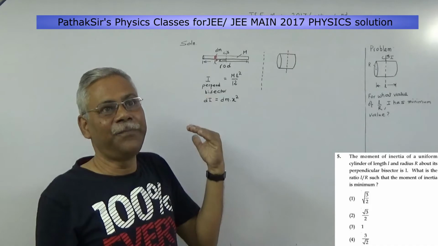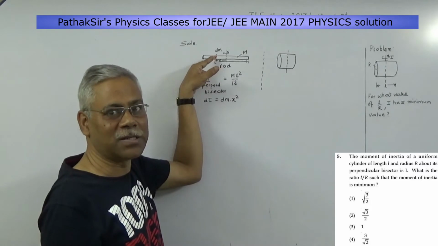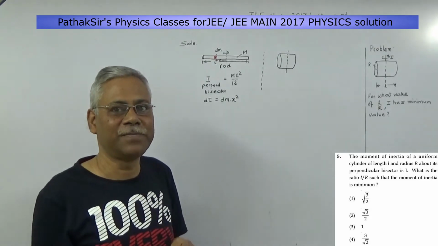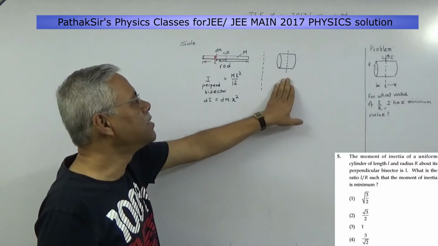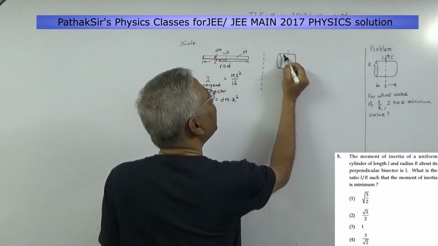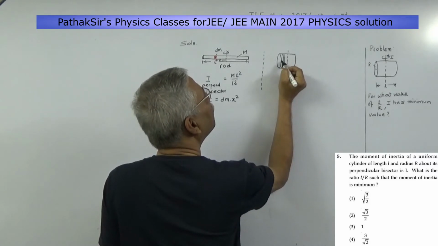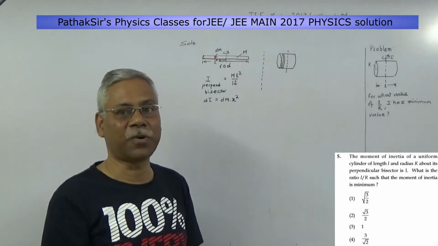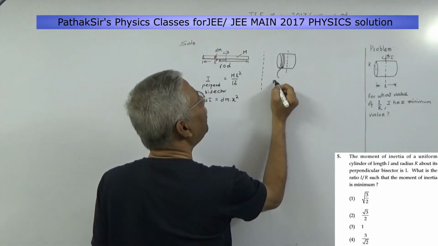Obviously, we have considered this as a point mass. That's why we have been able to apply the formula dm into x square. In this case, it is not applicable. The element, which has a significantly large radius of cross section, cannot be assumed to be a point mass.